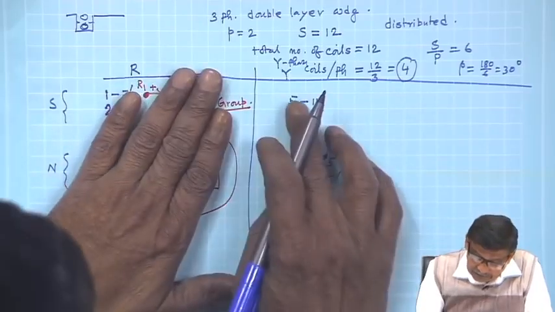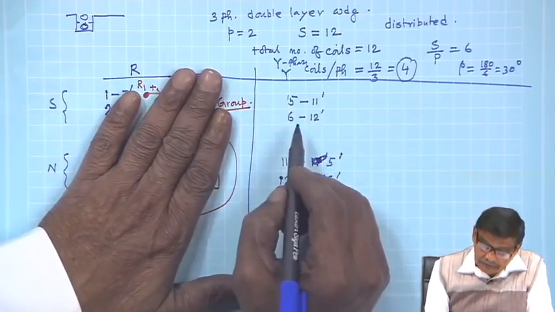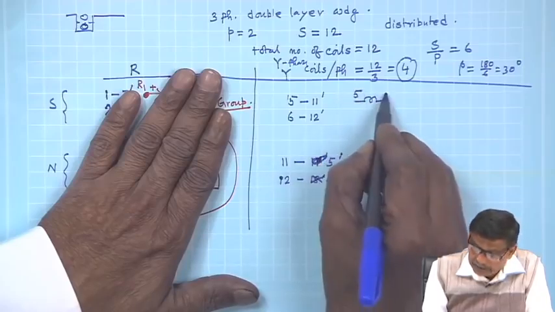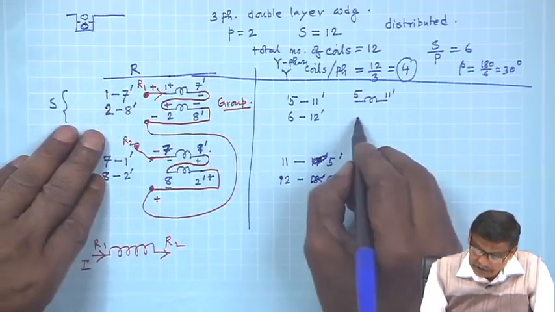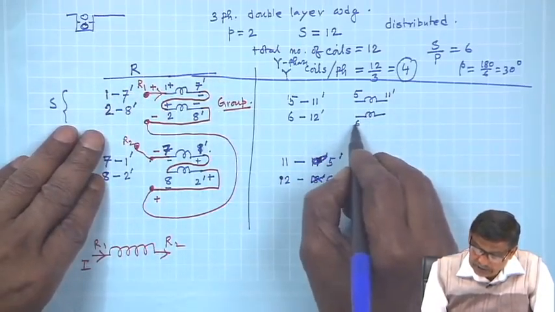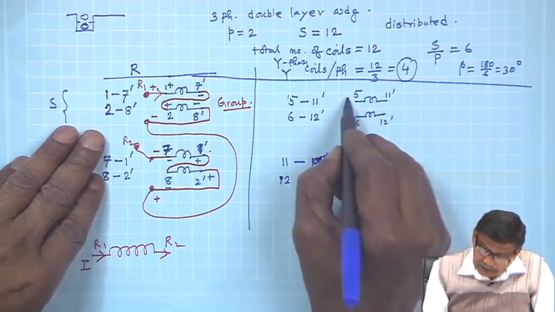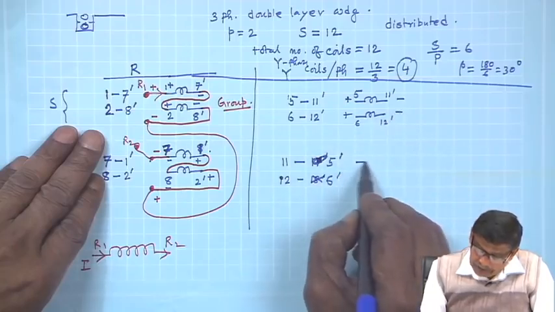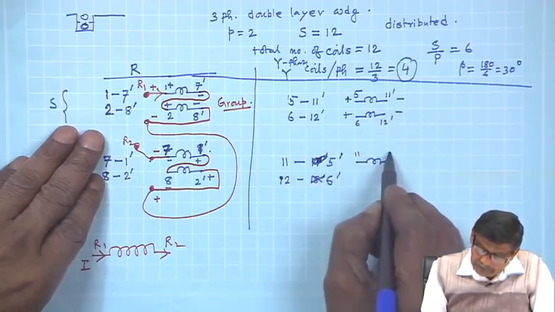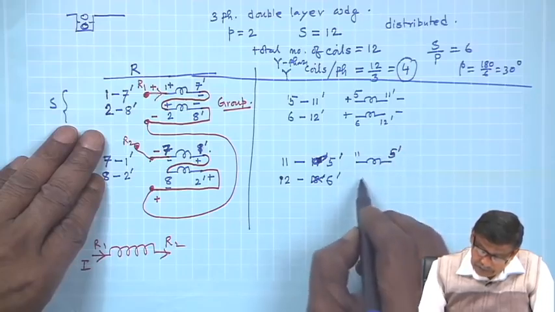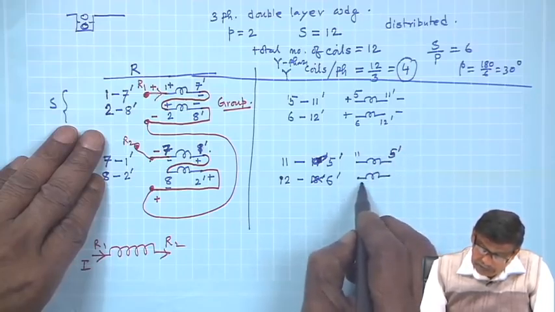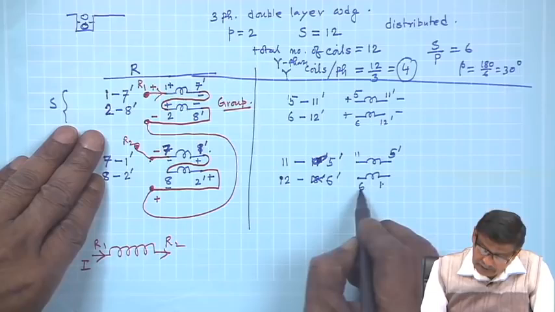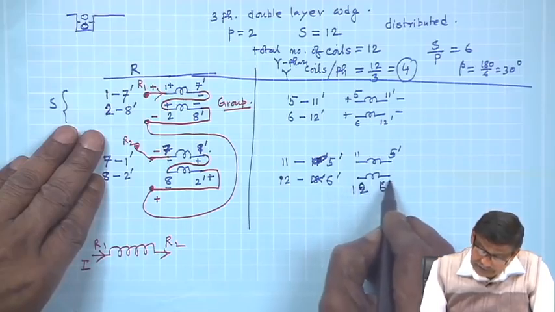Similarly, you assume that this group of coil is under North pole, and the symbolic representation of this can be made with terminals 5 11 dashed, 2 coils distributed, 6 12 dashed, and if it is under North pole, polarity will be plus minus, and this is 11 5 dashed, and this coil will have 6 12 dashed, 11 5 dashed, 12 6 dashed it will be.